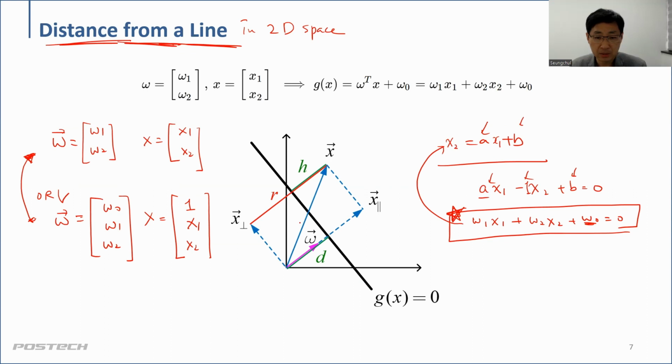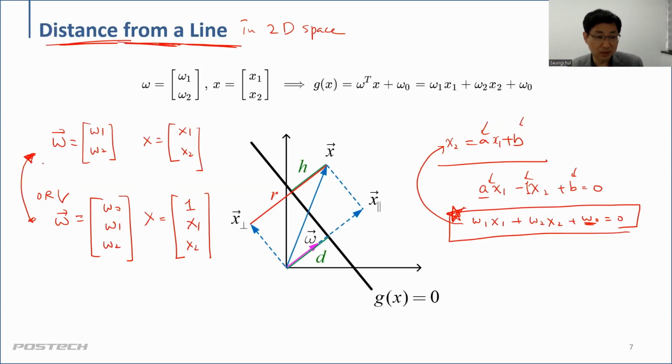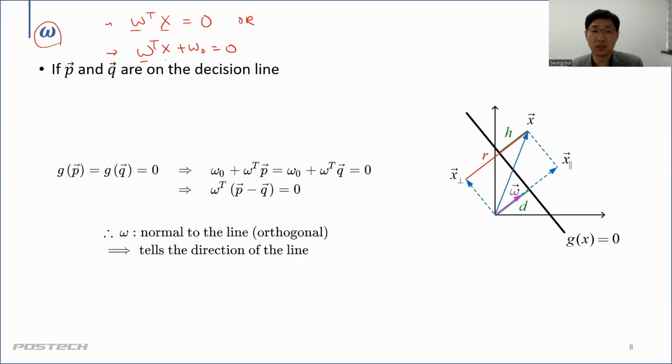All right. So this is omega transpose X plus omega naught equals zero. I hope you see the difference: these look like the same notations, but they are different.